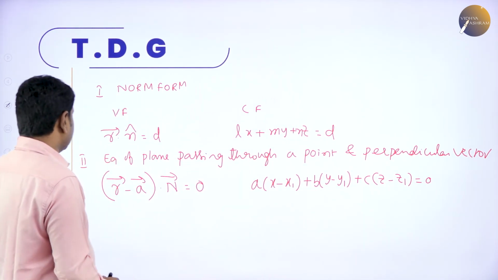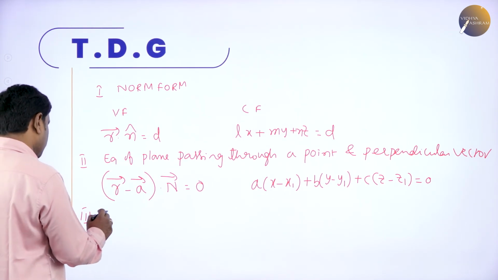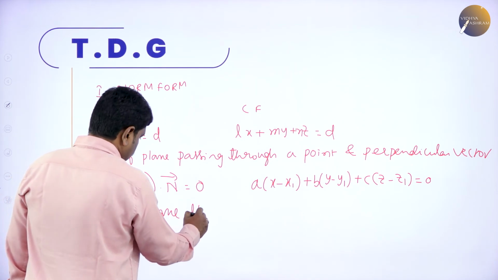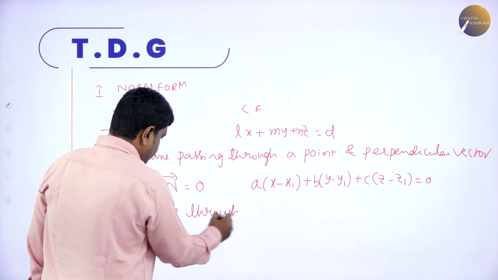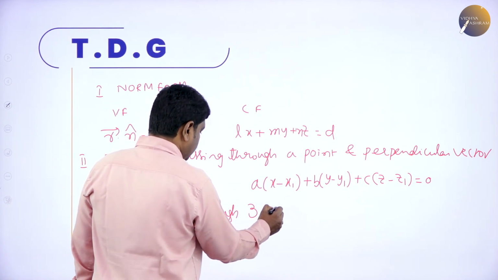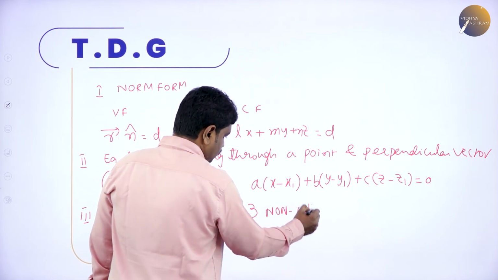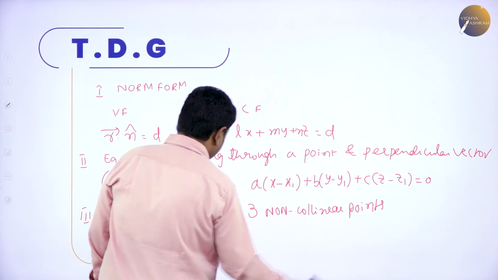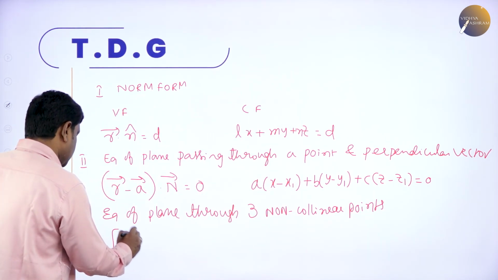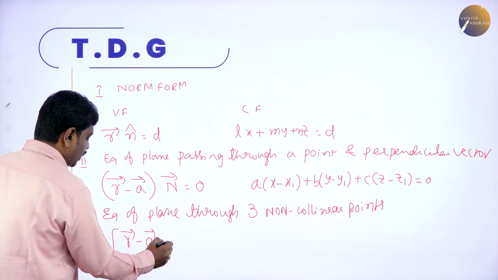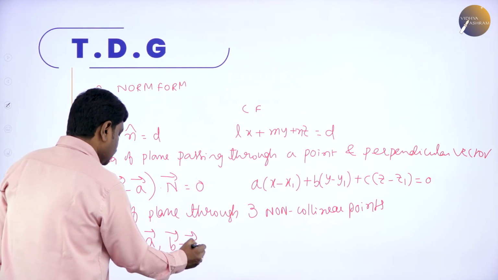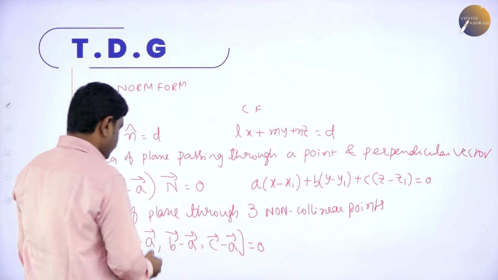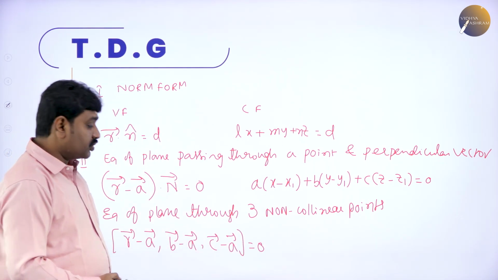Then we used equation of plane through three non-collinear points. What is the equation? The scalar triple product or box product of r minus a, vector b minus a, vector c minus a is equal to 0, where vector a, vector b, vector c are the position vectors of the points.